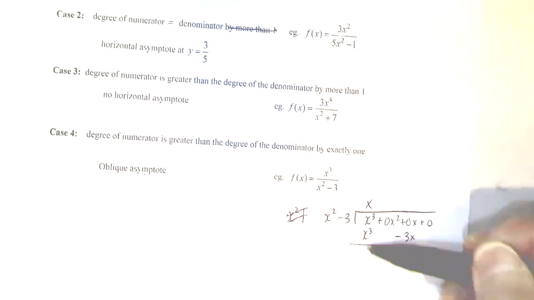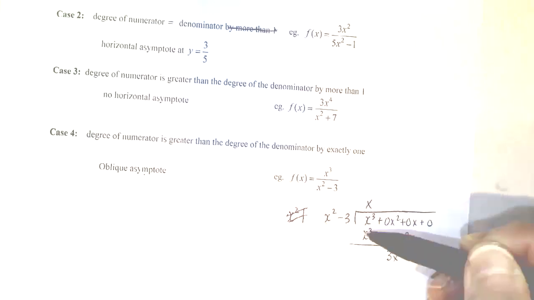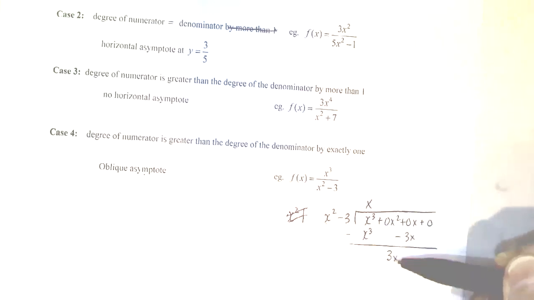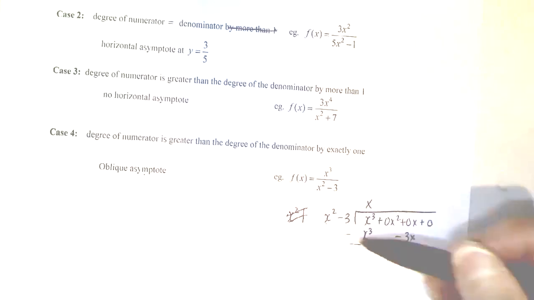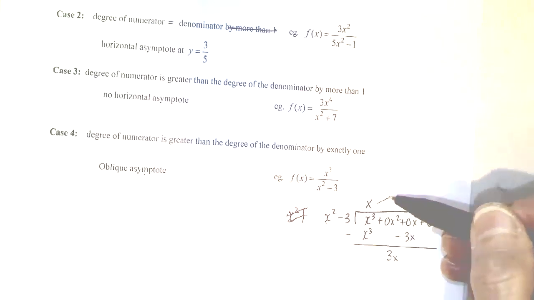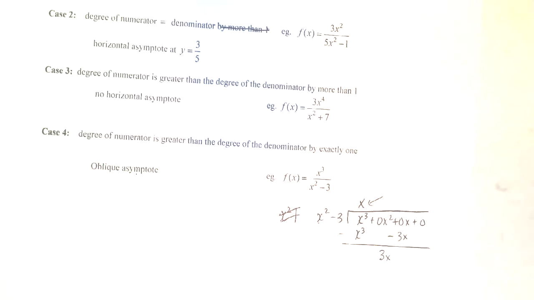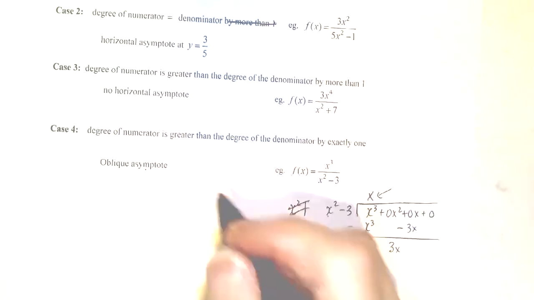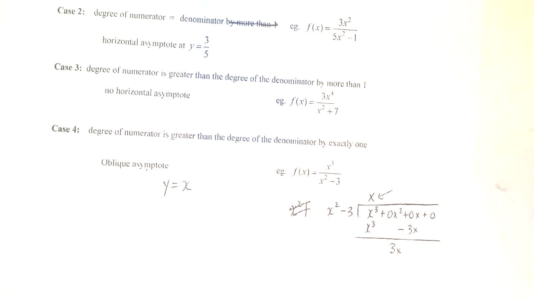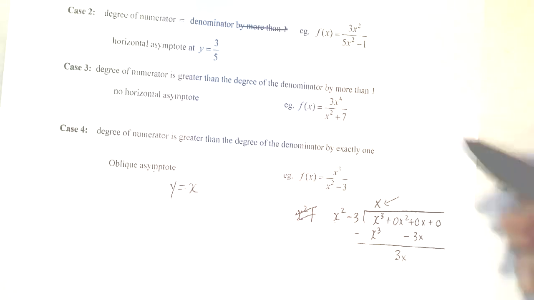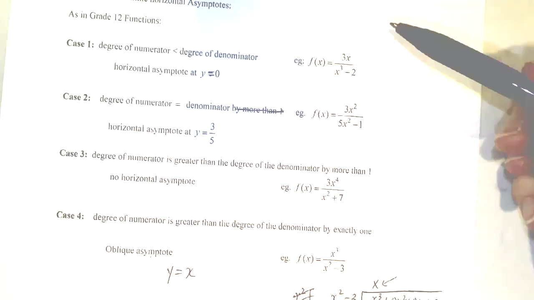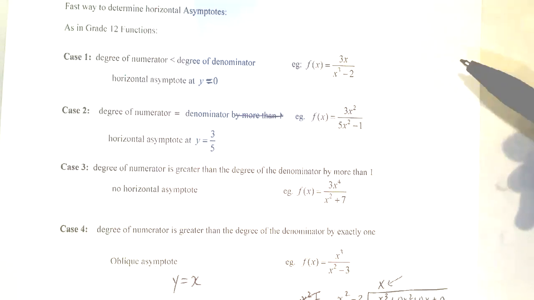You then subtract and you're left with 0 minus 3x, which is 3x, but x squared won't divide in. That quotient is actually the equation of your oblique asymptote. So that's a reminder of how we did it, back in grade 12.